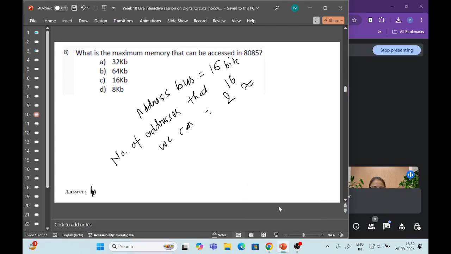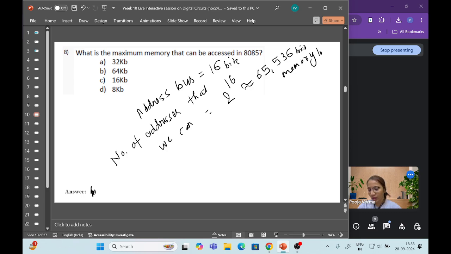Yeah, correct, that is 65,536. 65,536 bits, right? Not bits, it is that many memory locations we can have, and each memory location can hold 1 byte of data, right?